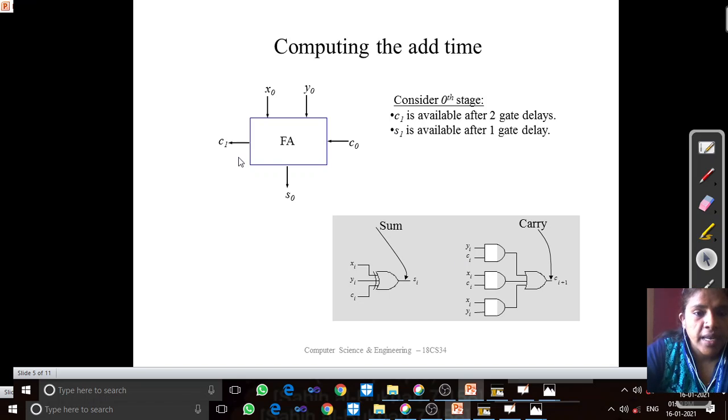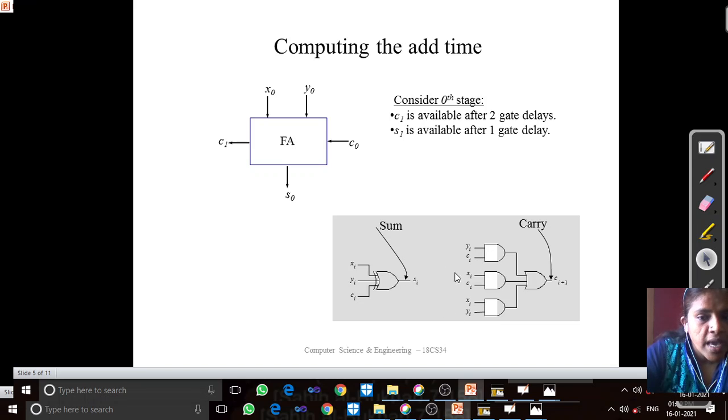C1, that is carry 1 from the first stage. After obtaining S0, if there is a carry, C1 will be 1. Whatever it is, C1 is available after 2 gate delays. How is it? Can you see in the carry circuit, C(i+1), i equals 0. C1 needs 1 gate delay for these AND gates. 3 AND gates are there.